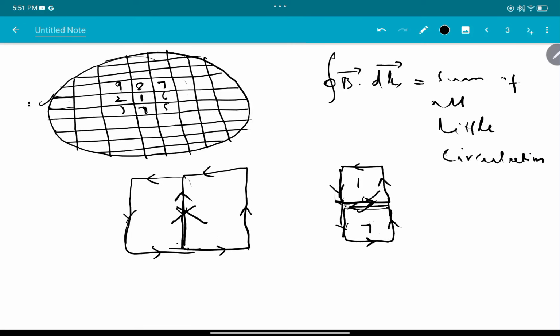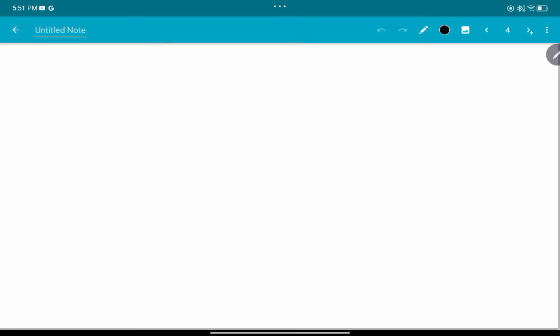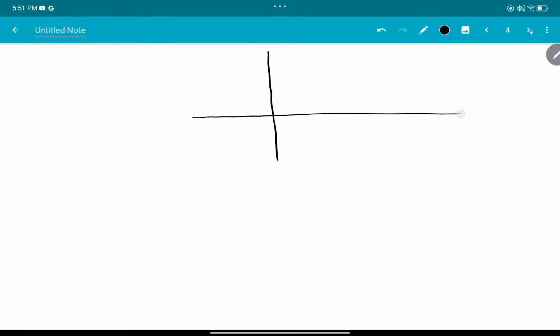Now let us consider this situation. We will keep this in our mind and then let us go here. This is the x-axis, this is the y-axis, where we are confined to a plane, and the z-axis is above the screen. x and y are in the plane of the screen.